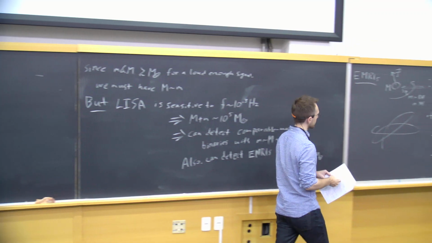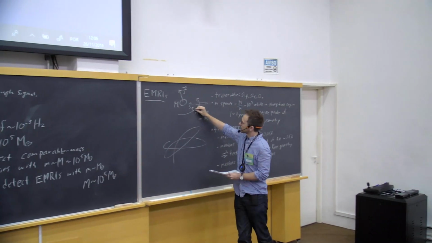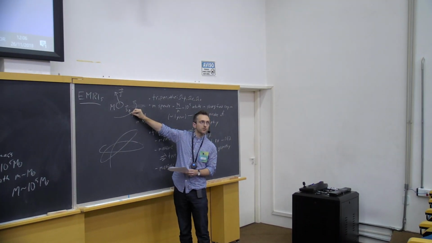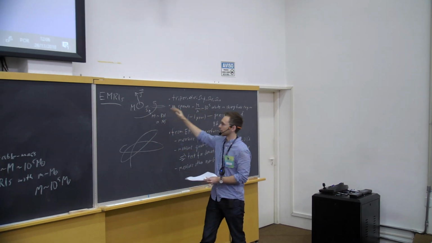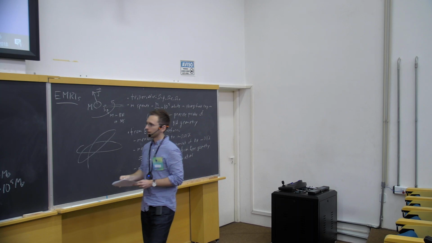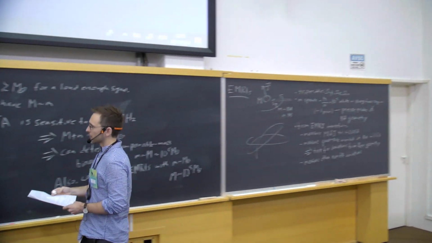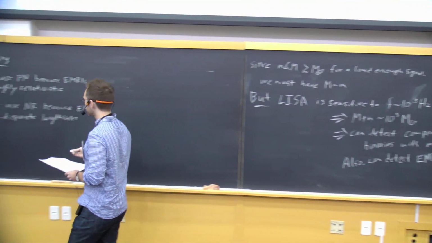So the numerical simulation has to resolve the tiny scale of the small object, as well as resolving the larger scale of the orbit and the scale of the outgoing waves. So that's extremely numerically expensive.